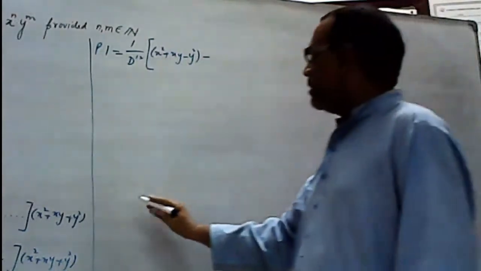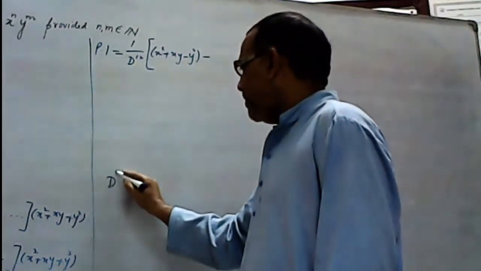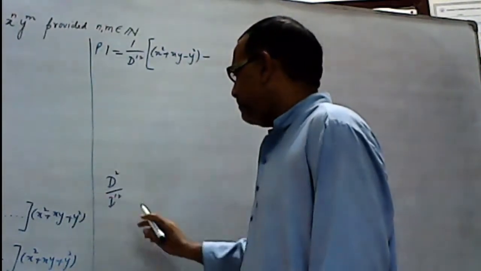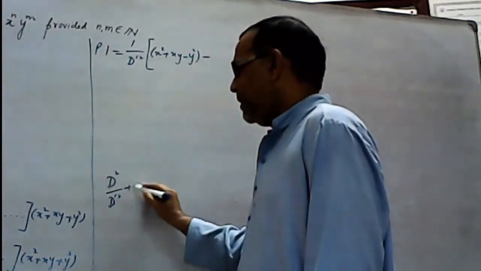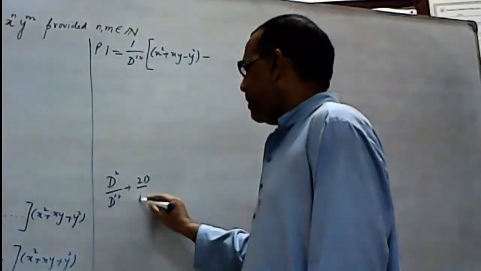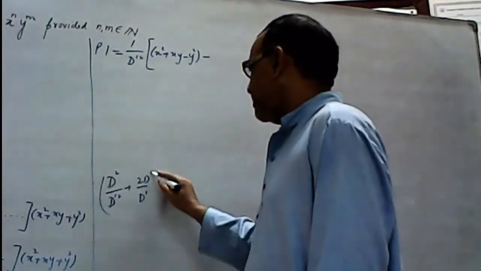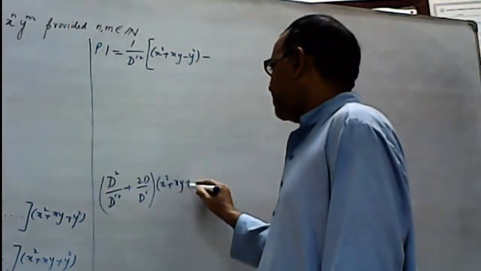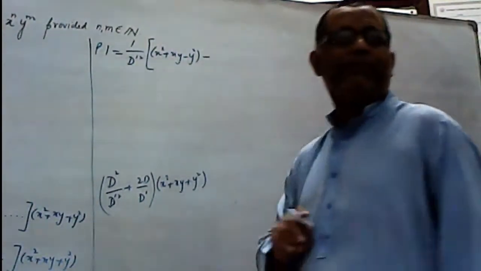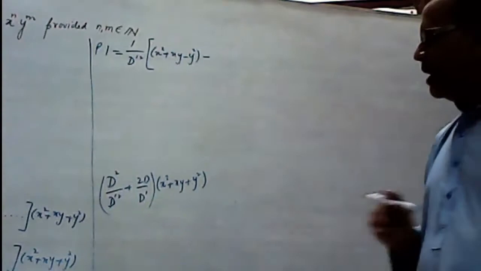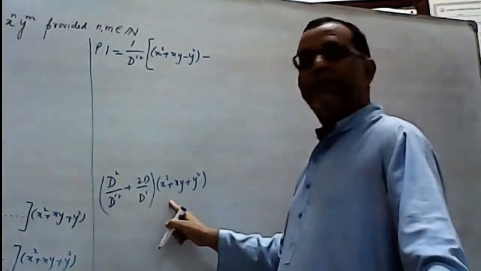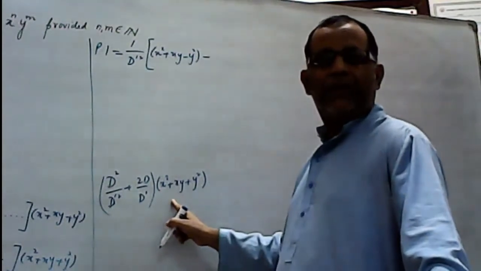I need to find D square upon D dash square plus 2D upon D dash, applying on x square plus xy plus y square. Now we have D in the numerator and D dash in the denominator.